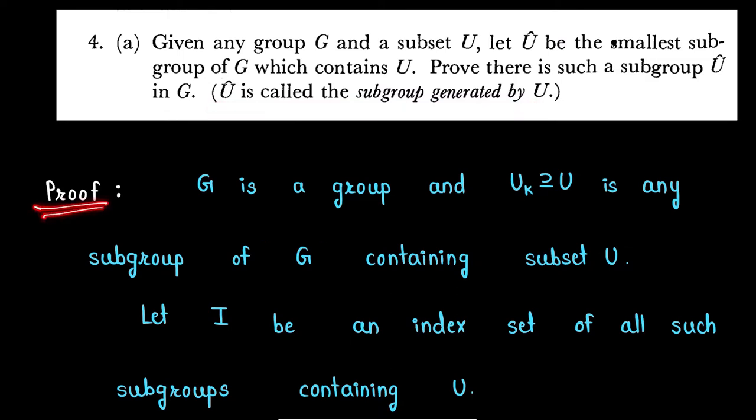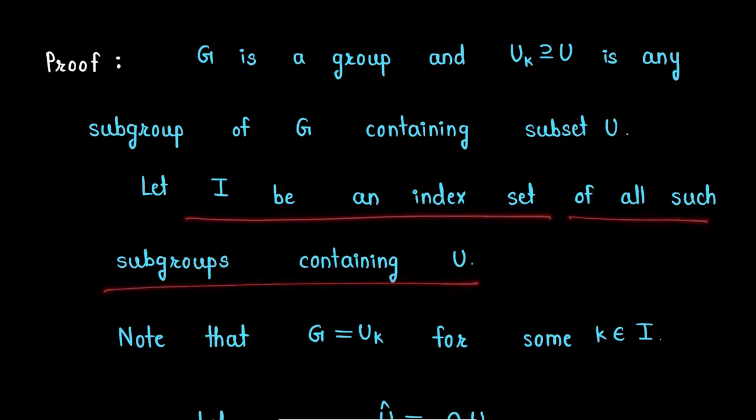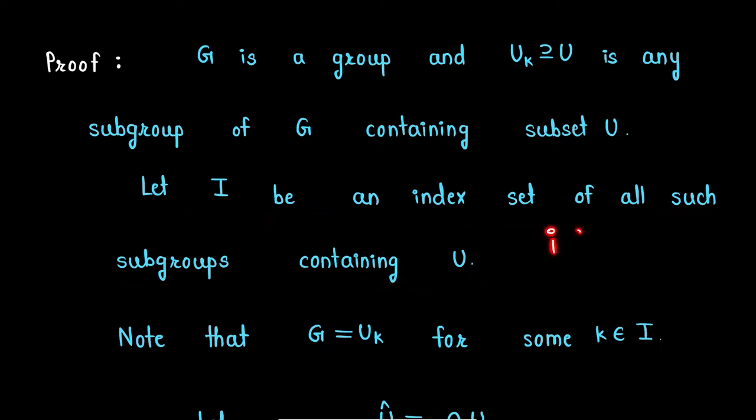Proof. Here G is a group, and let UK be any subgroup of group G which contains the subset U. Now consider I to be the index set of all such subgroups containing U. That means for any i in the set I, Ui will be a subgroup of group G containing U. This is the meaning of the index set.